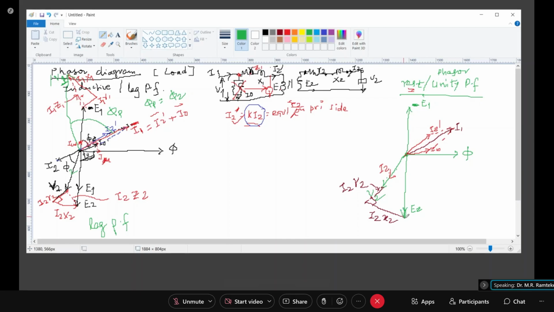So this is my E2. Got it? This you can show as I2 Z2, if I am considering this as my Z2.